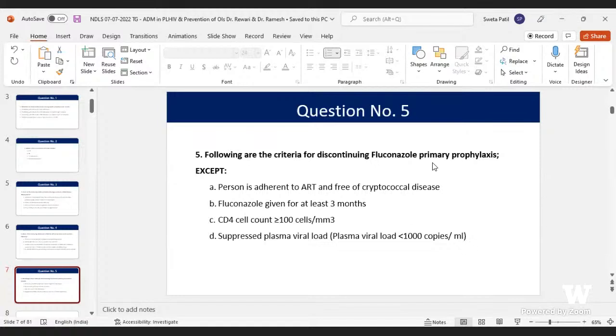Participants are requested to quickly go through the pre-test.